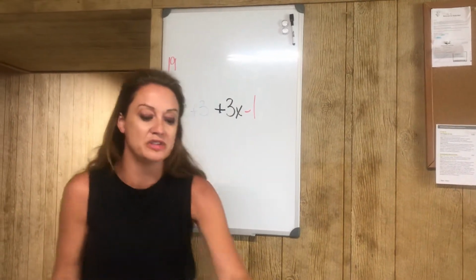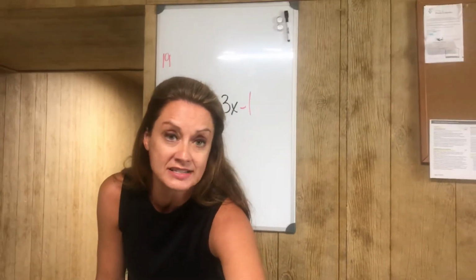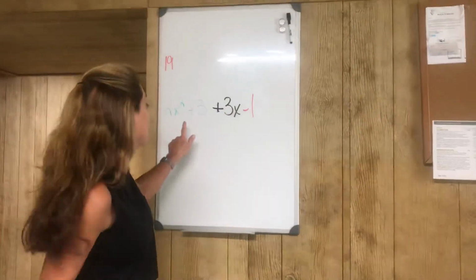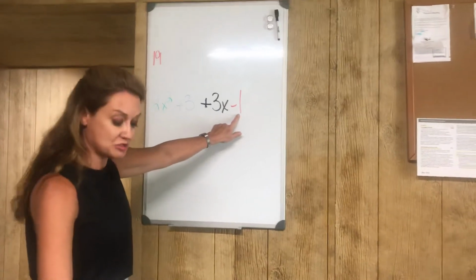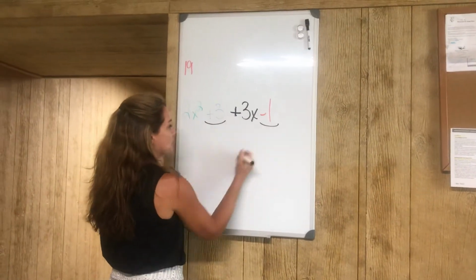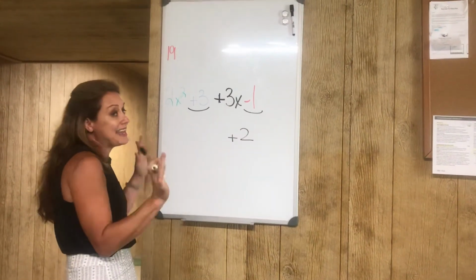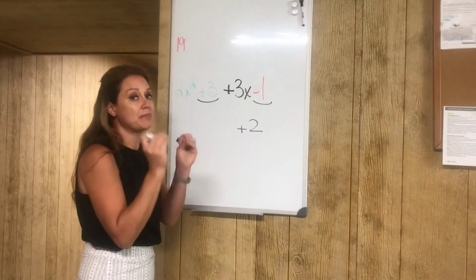So again, the only things we can put together are the things that are in the same color. So we have plus 3 and minus 1. Plus 3 minus 1 is plus 2. Everything else I can't change. I can only combine like terms.